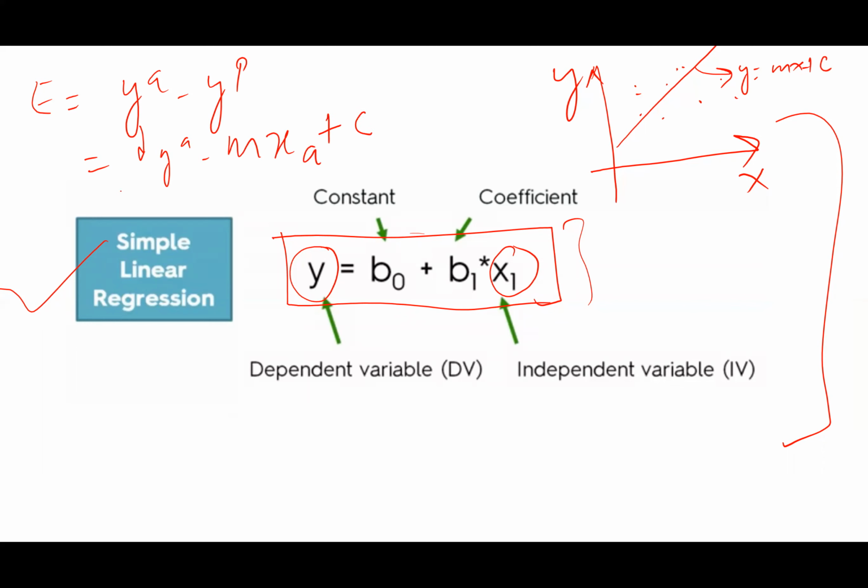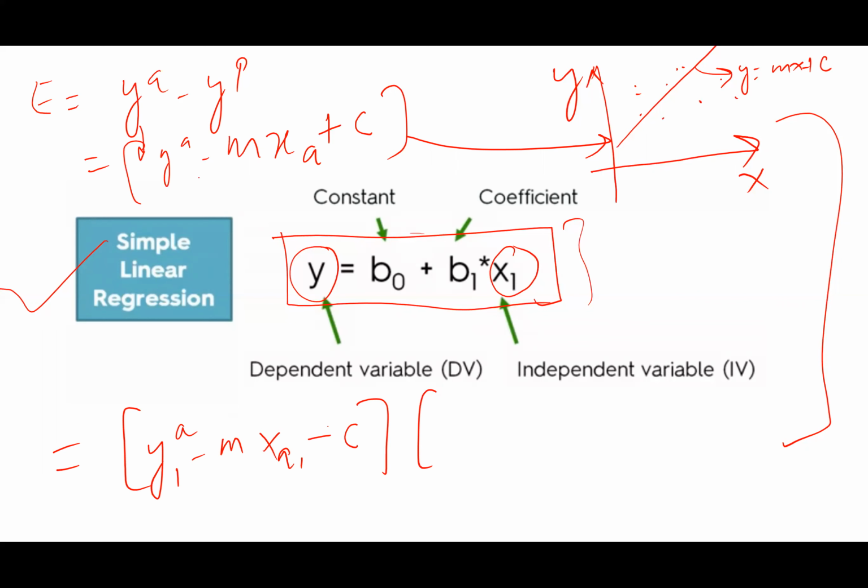This is my error for one point. Now I will find this for all the points. It will look like this: ya1 minus m xa1 minus c for one point, because there is a minus sign and this whole thing is in brackets.